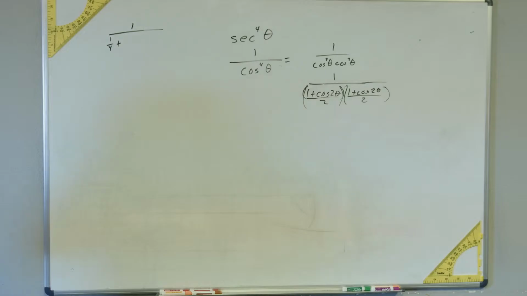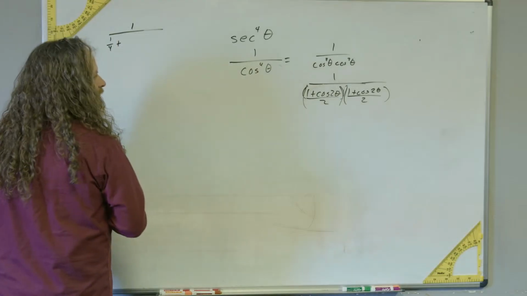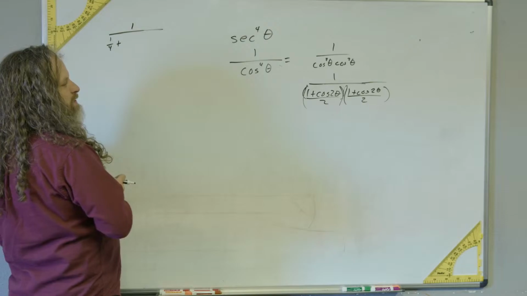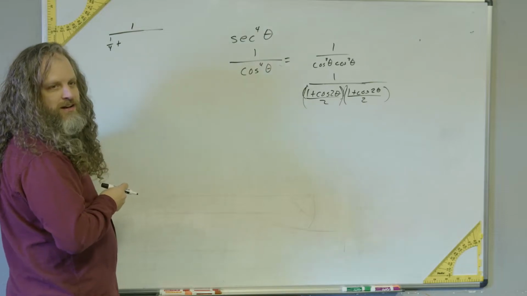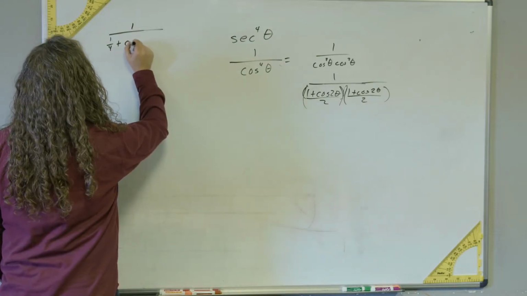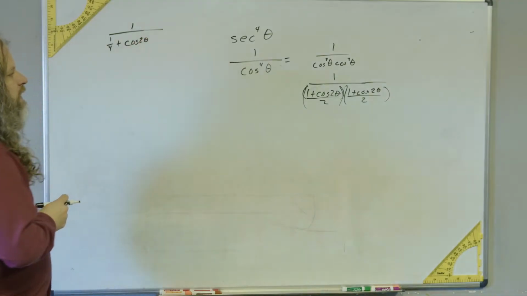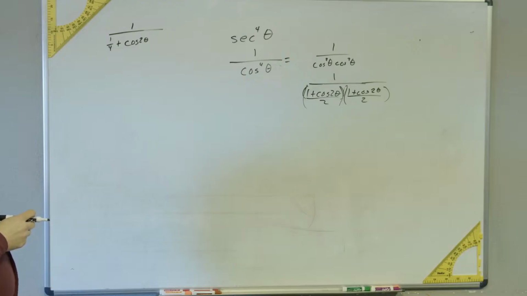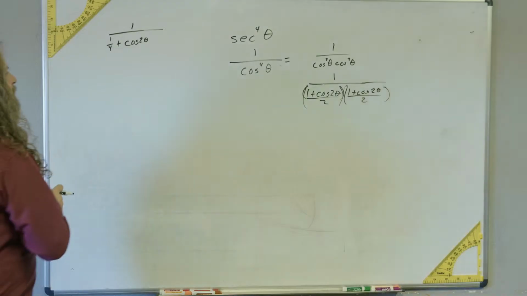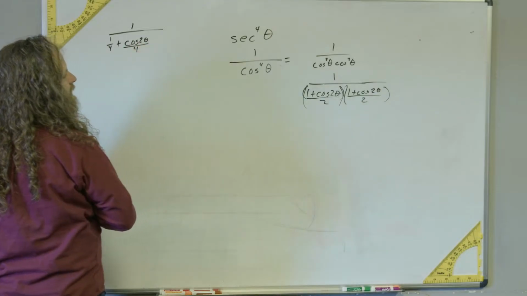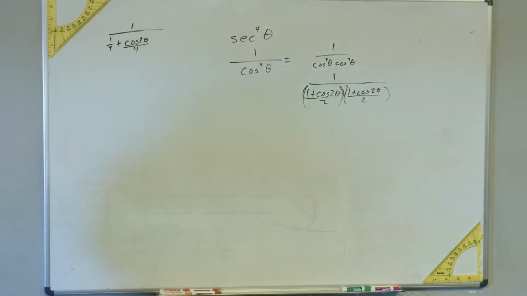You probably accidentally disappeared a 2 somewhere. And then 2 times 1/2 times cosine 2 theta, which is just cosine 2 theta, right? Oh no, that's not right. It would still be over 4, right? Yeah, I had way too much in my head.